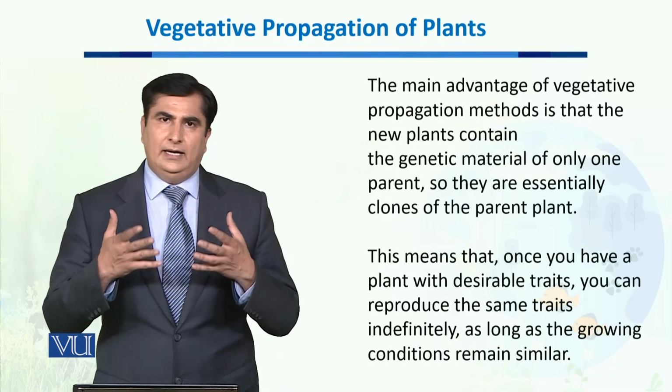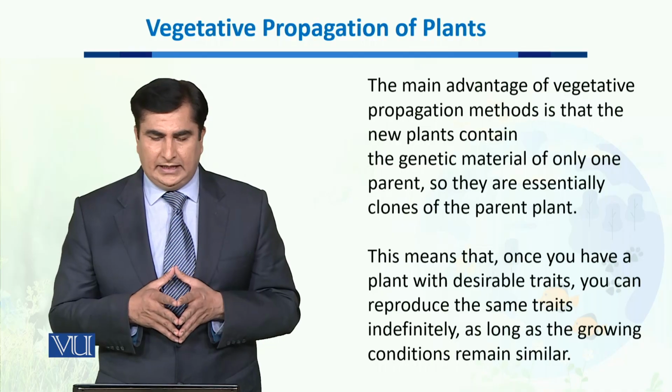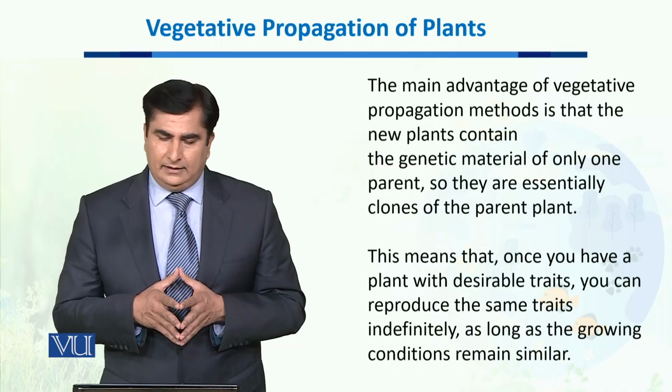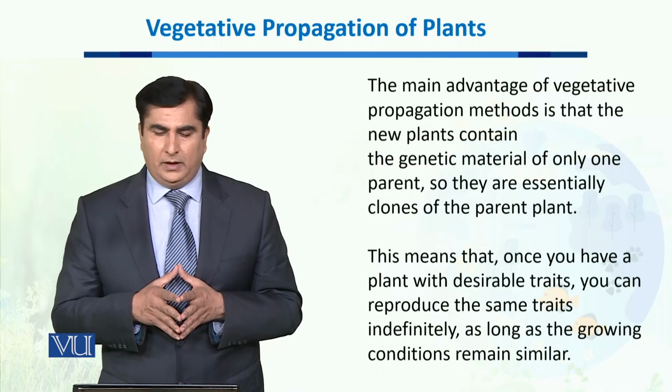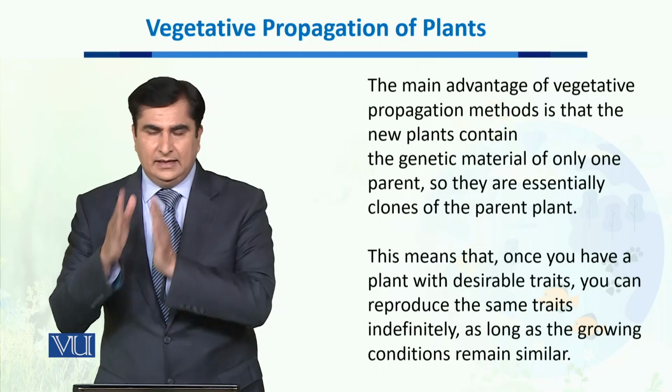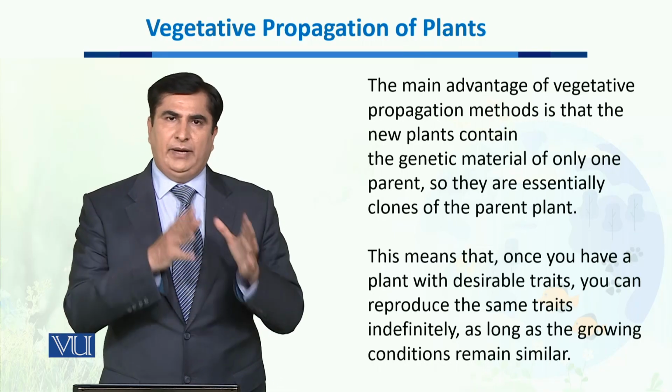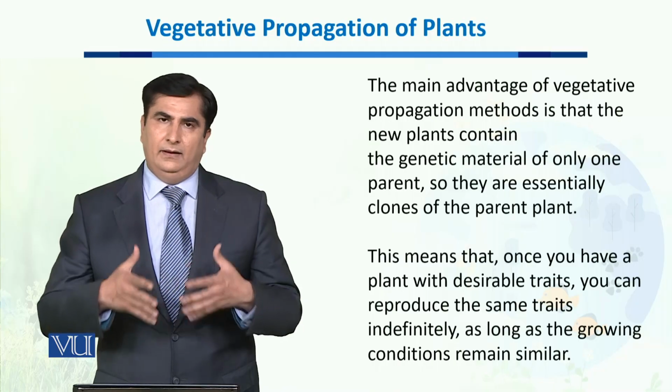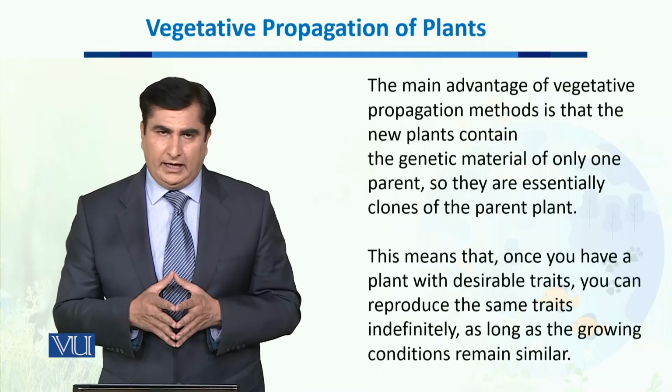Now, what are the advantages of vegetative propagation methods? The new plant contains the exact genetic material of the parent plant. So they are actually clones of the parent plant.